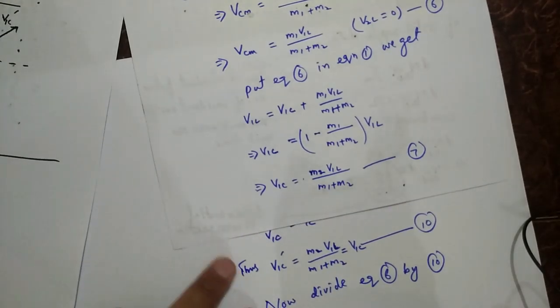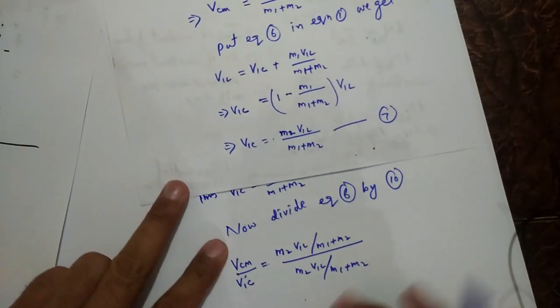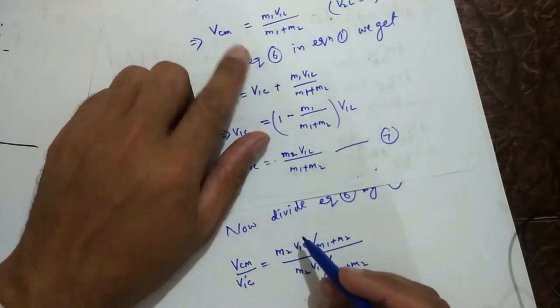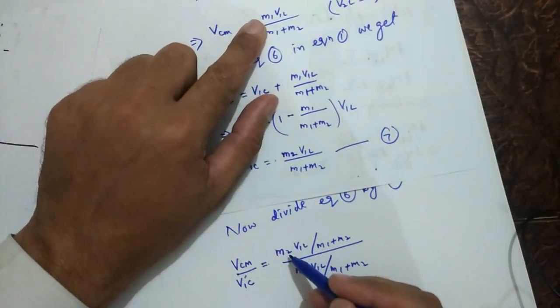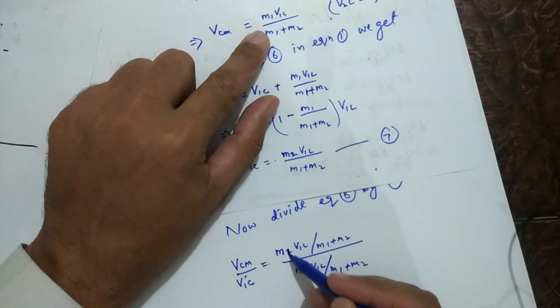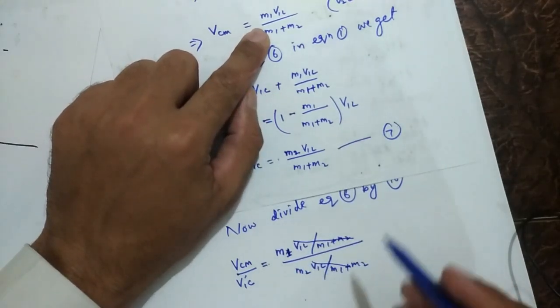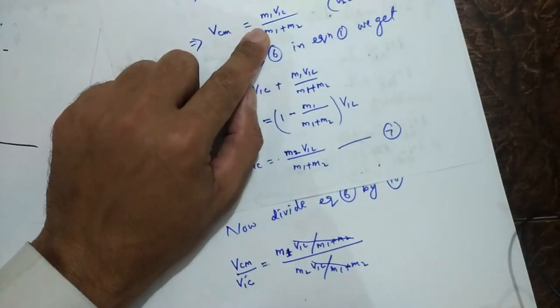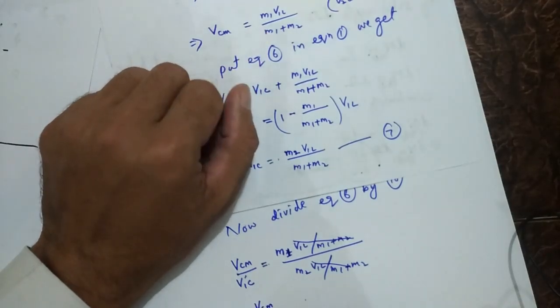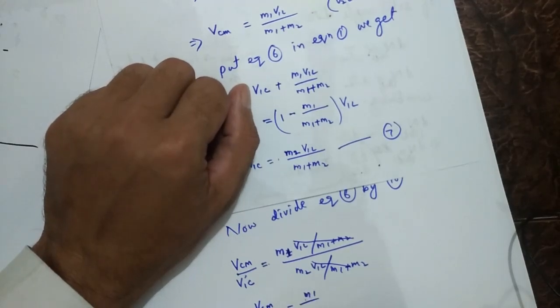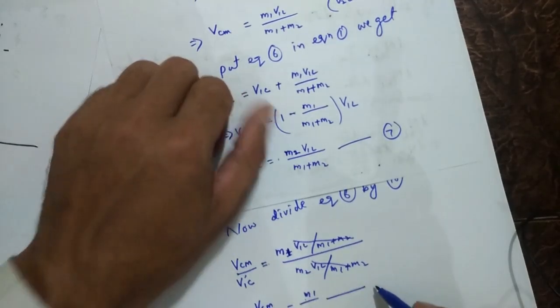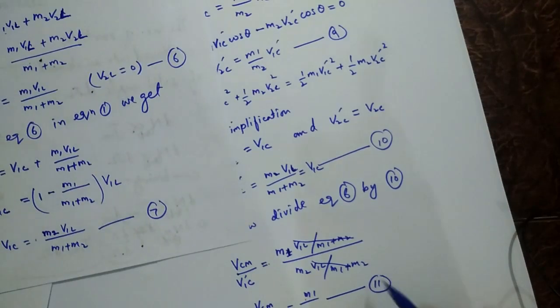Sorry, this one is M1, as you can see from equation number 1. So these terms cancel with each other, therefore VCM divided by V1 dash C is equal to M1 upon M2. This is equation number 11.